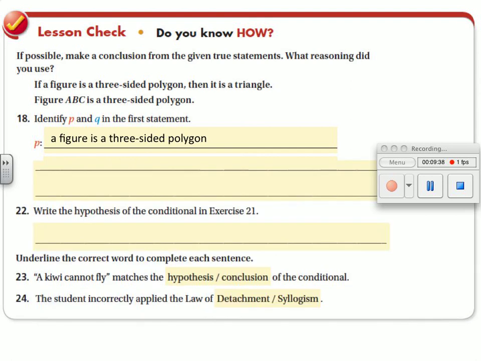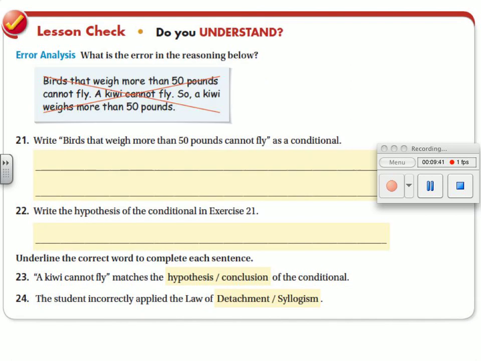Let's look at one more lesson check here. What is the error in the reasoning below? Birds that weigh more than 50 pounds cannot fly. A kiwi cannot fly, so a kiwi weighs more than 50 pounds. Birds that weigh more than 50 pounds cannot fly as a conditional: if a bird weighs more than 50 pounds, then it cannot fly.